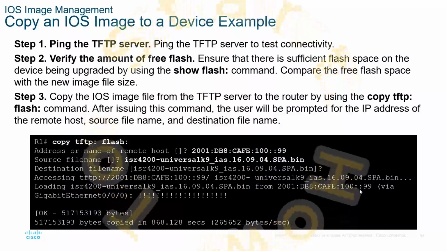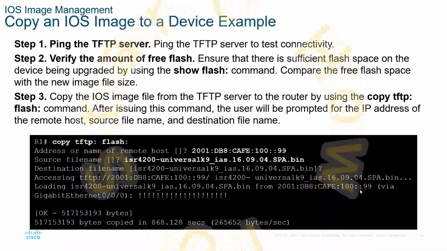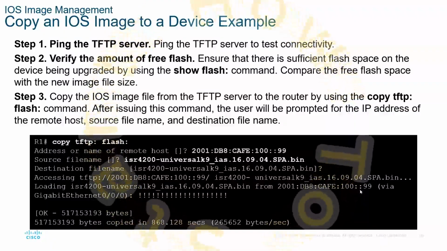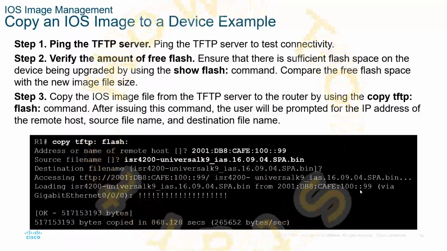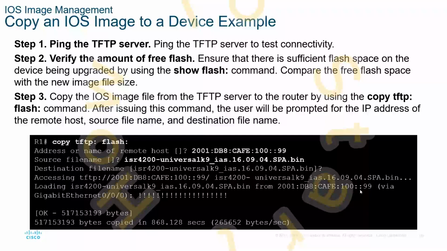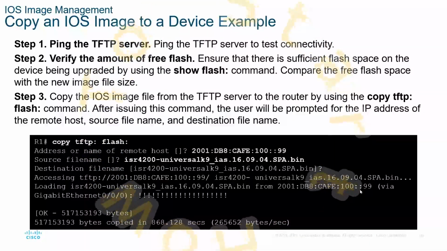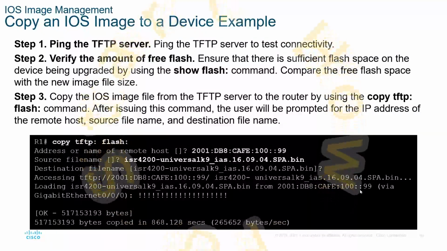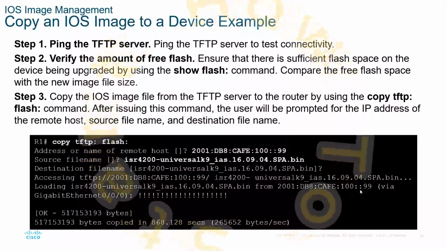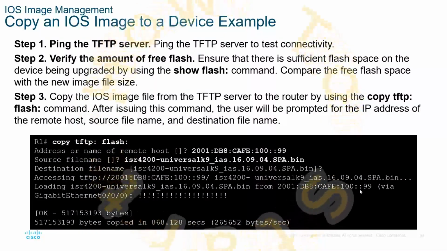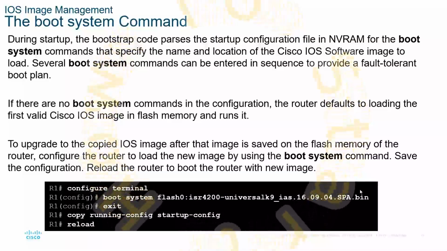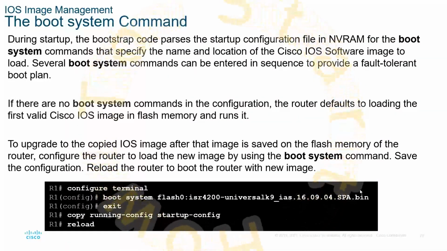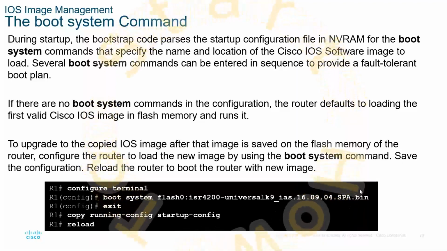So let's say you do this process. Now you have two IOS files on your device. How do you configure it so that it will load the specific one you want? Well, you're going to have to tell the device to boot to the right IOS.